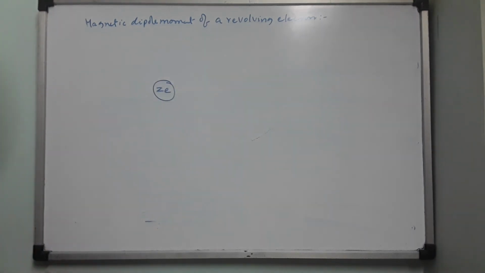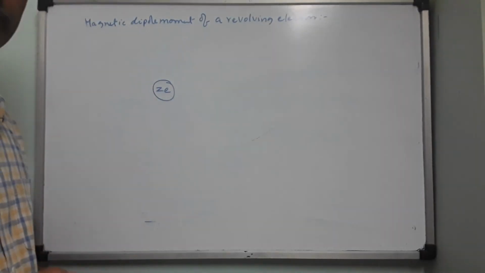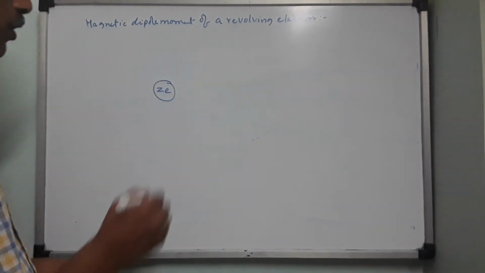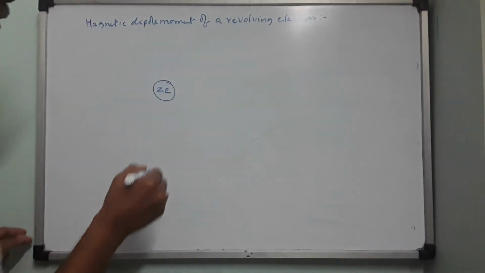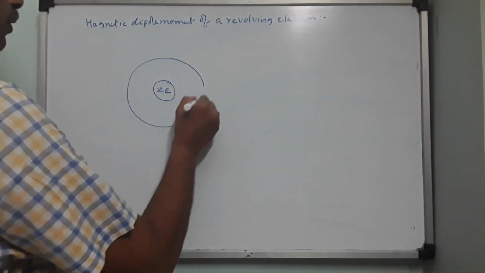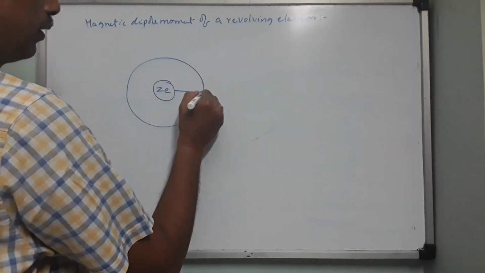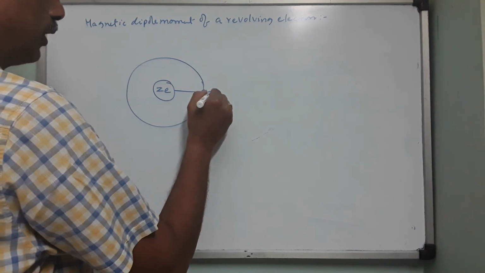Z is the atomic number, e is the electronic charge, so Ze is the total charge on the nucleus. This is the nucleus, and around it there is one orbit in which there is an electron. This dot indicates an electron.